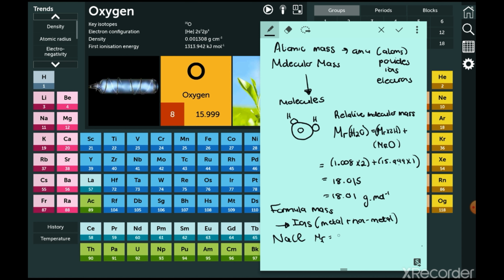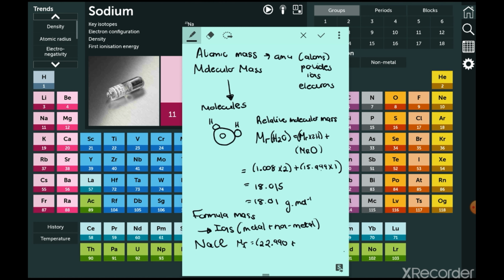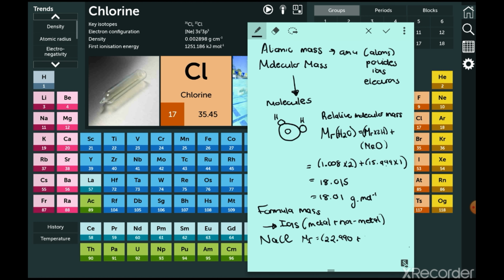So sodium on the periodic table is in group 1. You can see there's 1 of them, so that's 22.990, plus if you search for chloride, which is in group 7, you can look at that, 35.45.